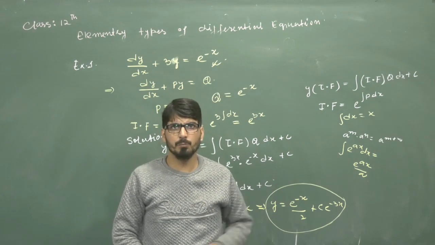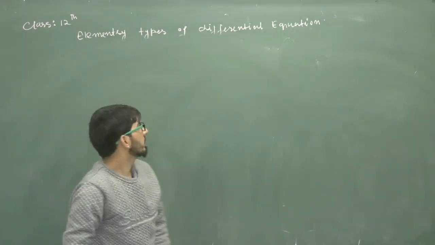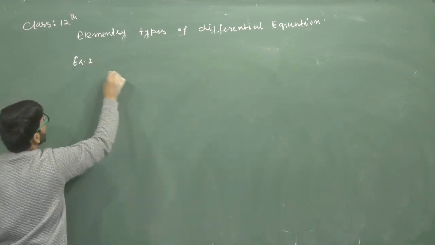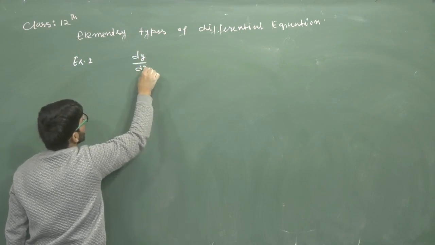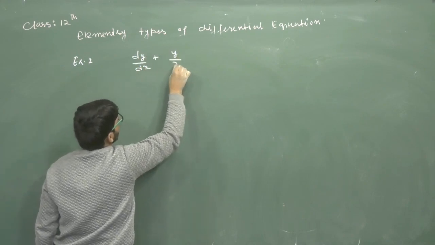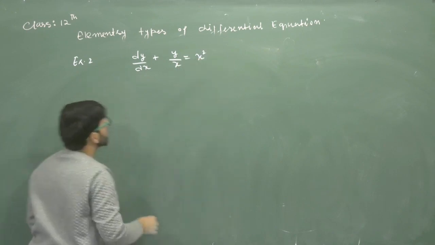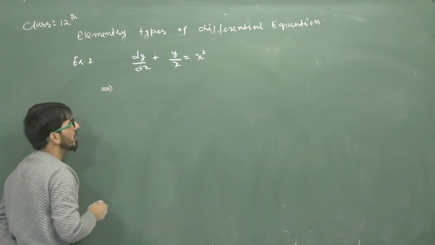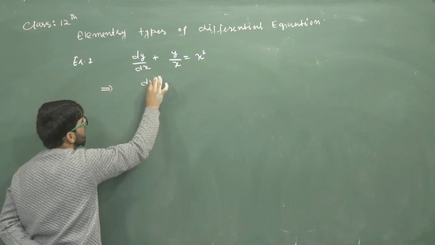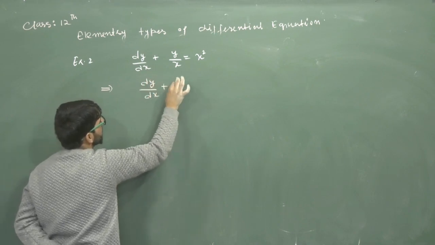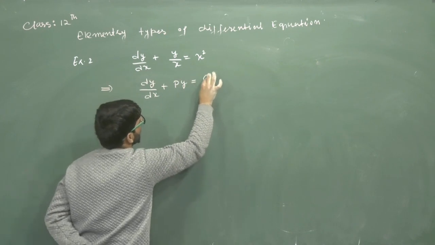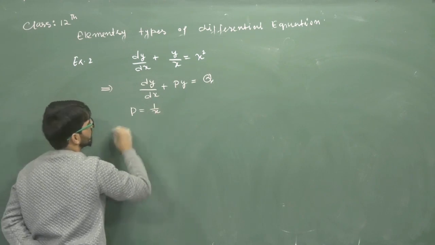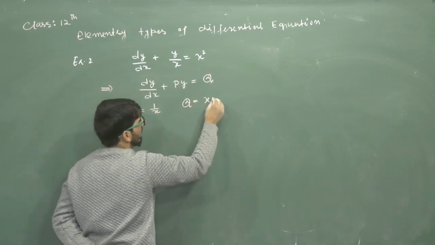Let's do another example related to the same concept. Let's take example number 2. So here example number 2 is dy by dx plus y by x is equal to x square. So equating this differential equation with the definition of linear differential equation, that is dy by dx plus py is equal to q, here we get p is equal to 1 upon x, q is equal to x square.